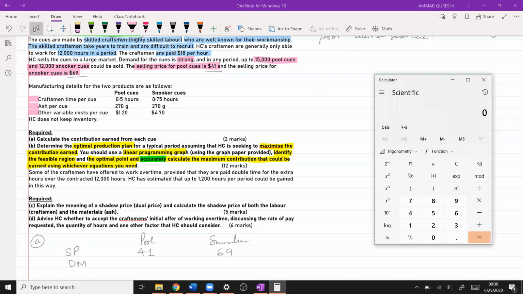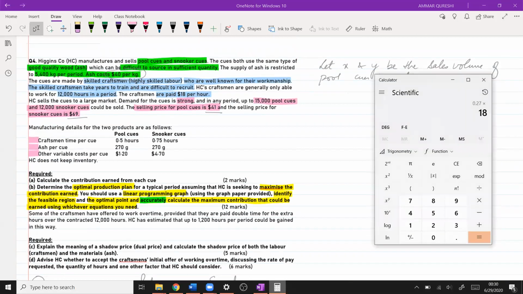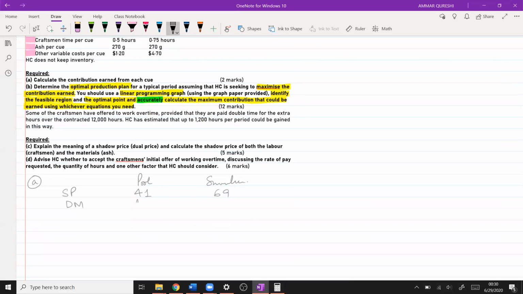Sorry, 270 divided by 1,000 times, is it 18 or 40? 40, sorry. That gives 10.8. So material cost is 10.8 for pool cues.